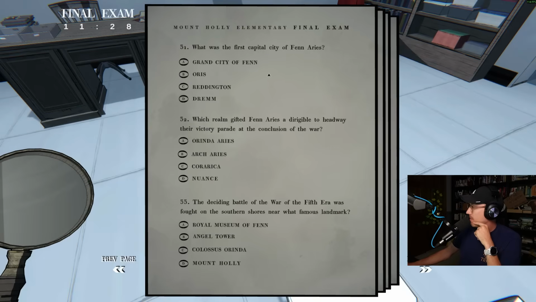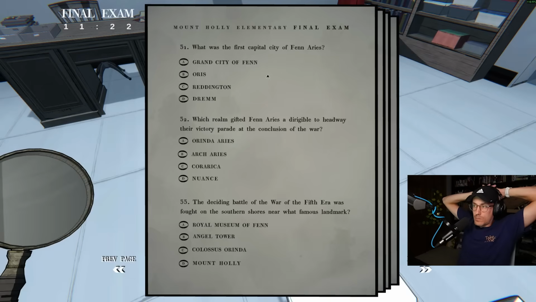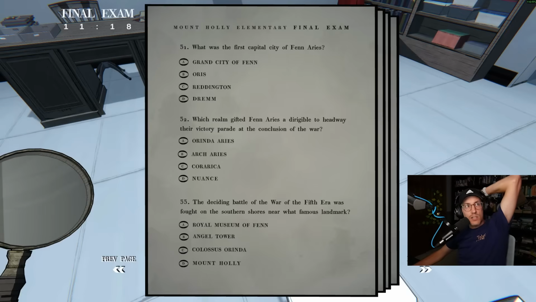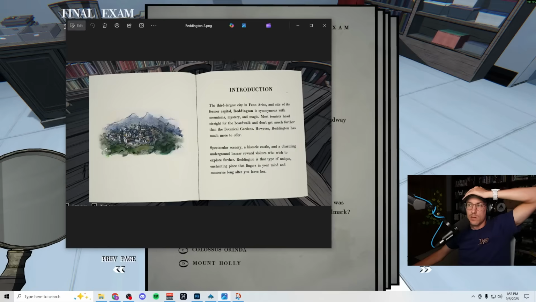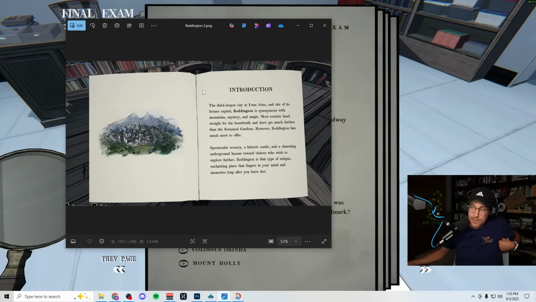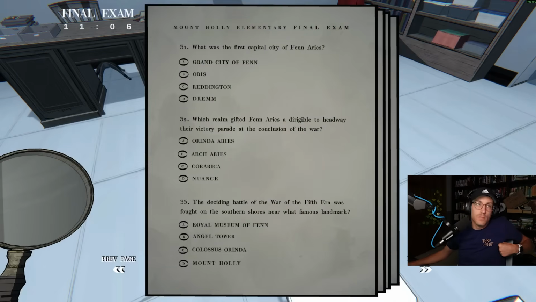First capital city of Finn Ares was... Isn't that also Reddington? Site of its former capital. This goddamn book.